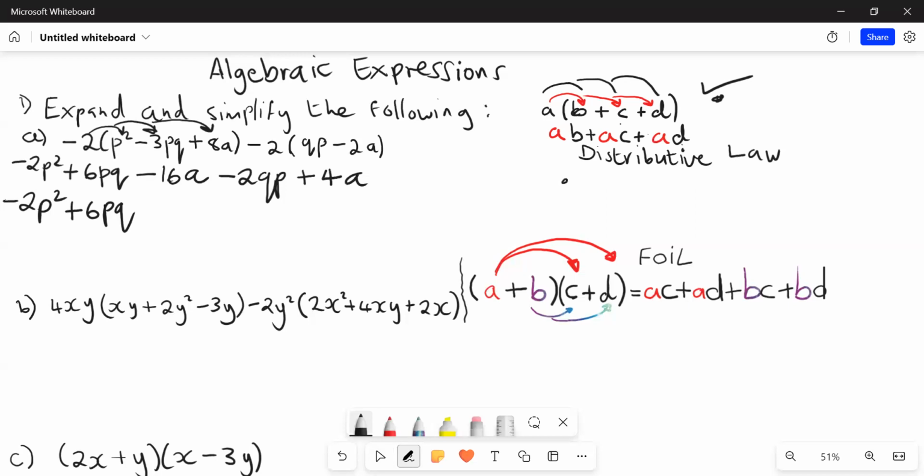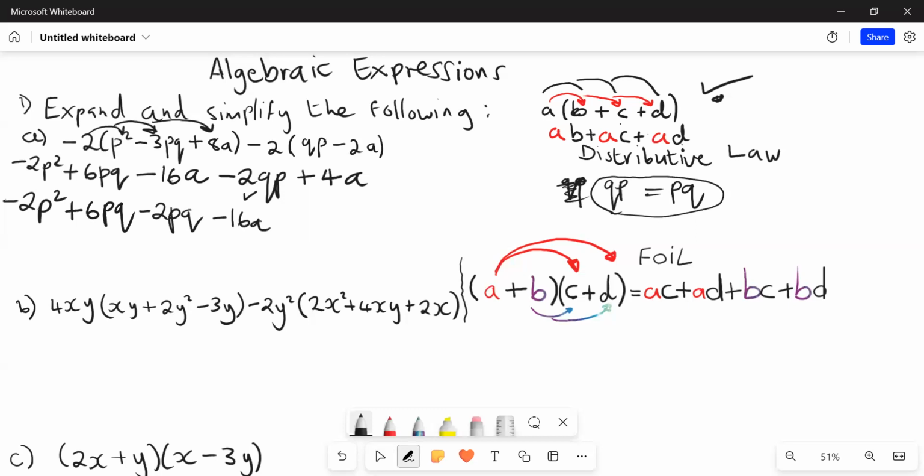So now qp can be written as actually pq. So these two are the same, right? So we can also say, okay, we have negative what? qp can be written as -2pq. Perfect.